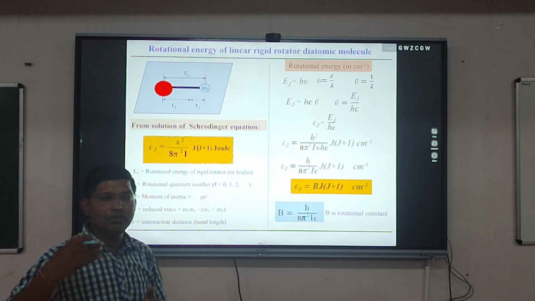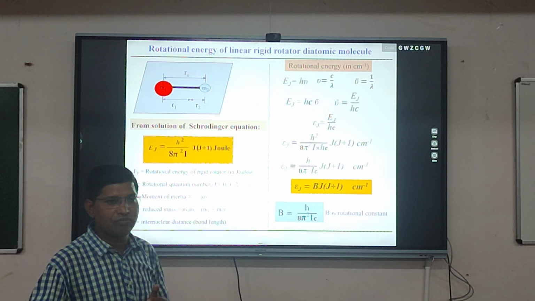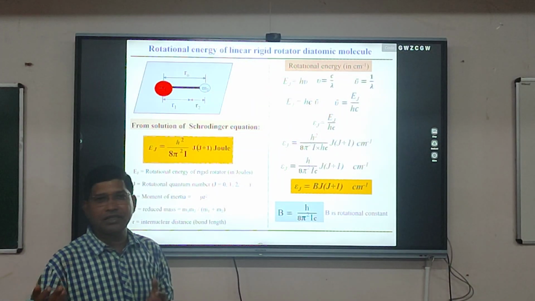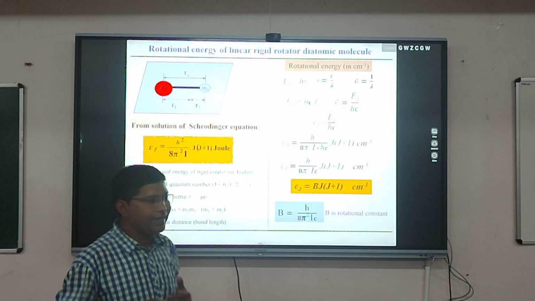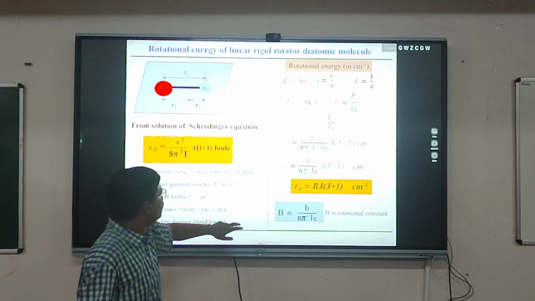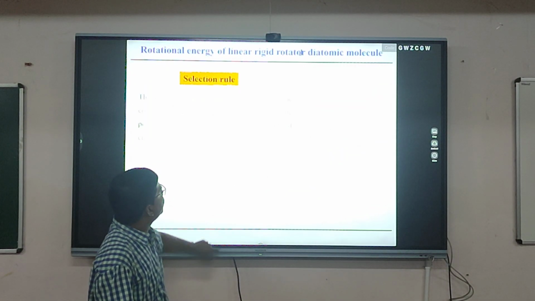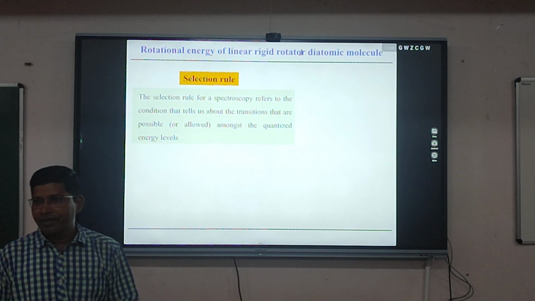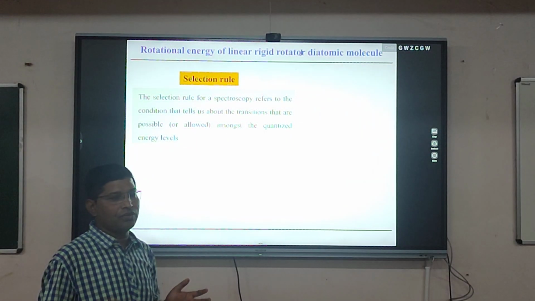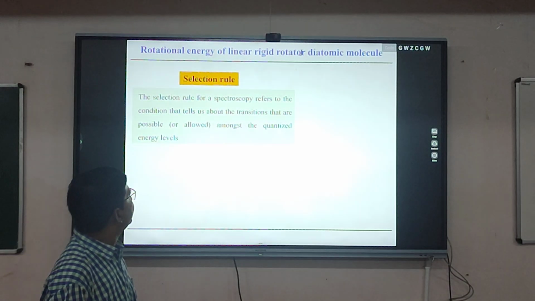And if we know the moment of inertia I of the molecule, we can determine B. B is the rotational constant, and it relates to the rotational energy in terms of wave number. Now we have the energy of rotating molecules in the form of wave number.